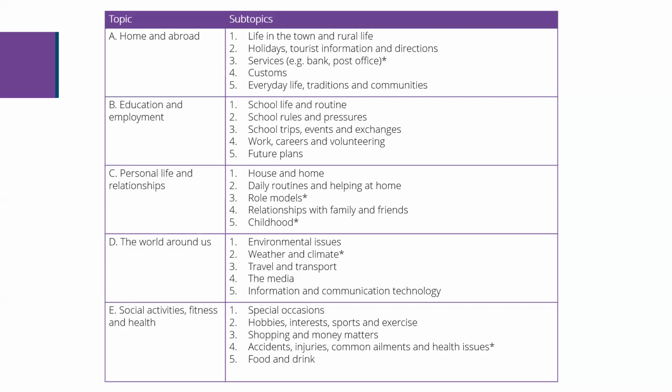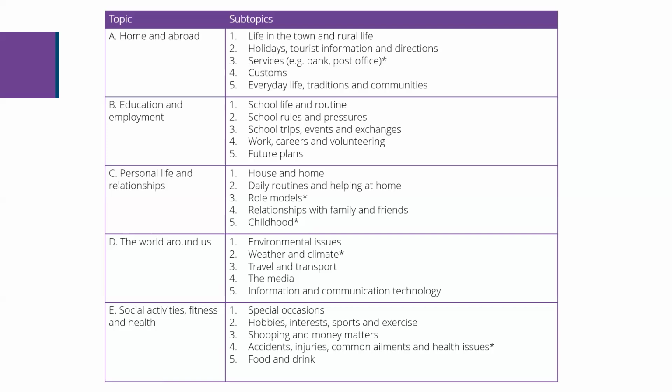So those topics will come along in reading and listening, where we set the papers and we control the content so that we know that no distress is likely to be generated, if you like, by dealing with those. But you can see, for example, in topics like weather and climate, this is an international qualification.